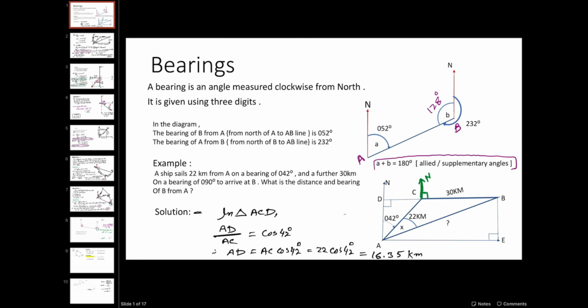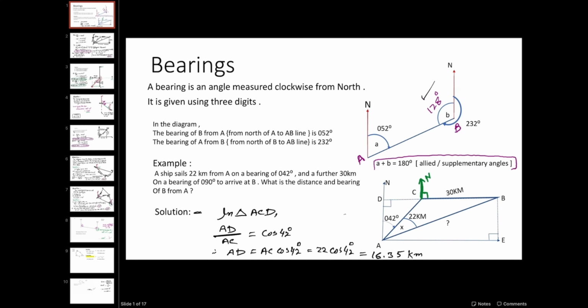The bearing of B from A is 52 degrees. It means the angle B is 180 minus 52 degrees, which is equal to 128 degrees.